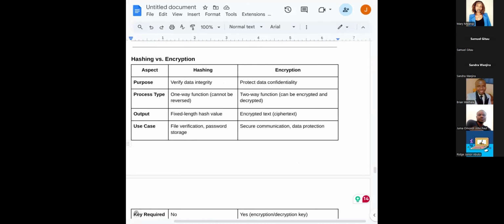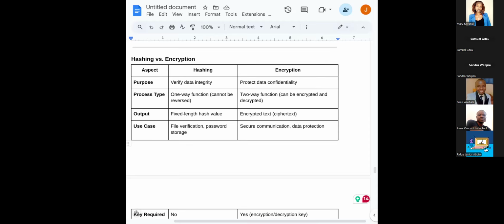Musembi, you're saying SHA-256 is used. Daniel has said, Sandra, today is your day. Kindly, Sandra. We beg you from the bottom of our hearts. Please.